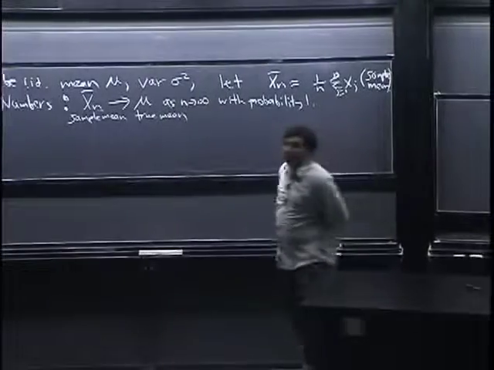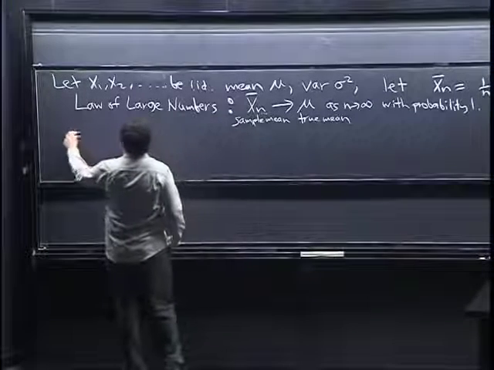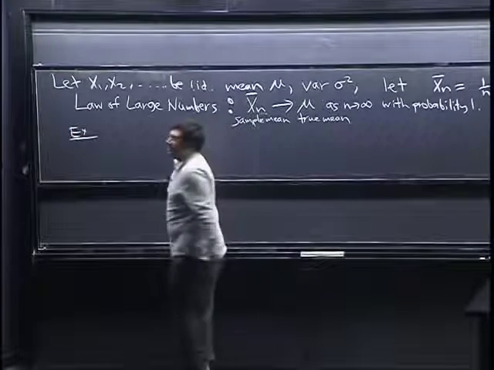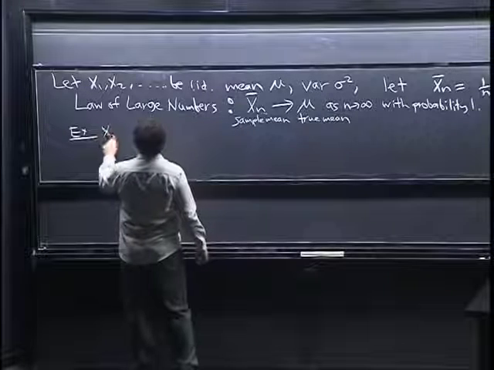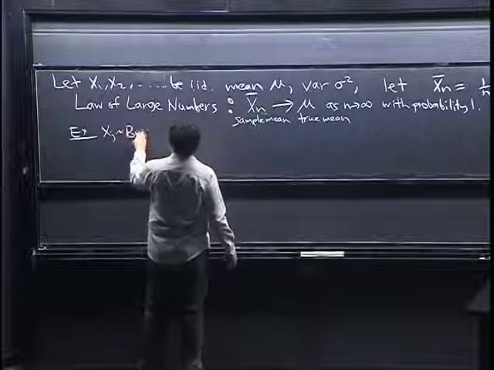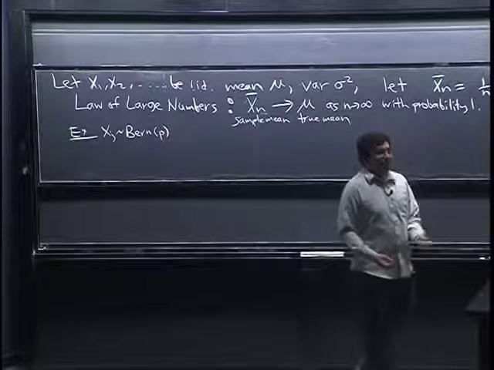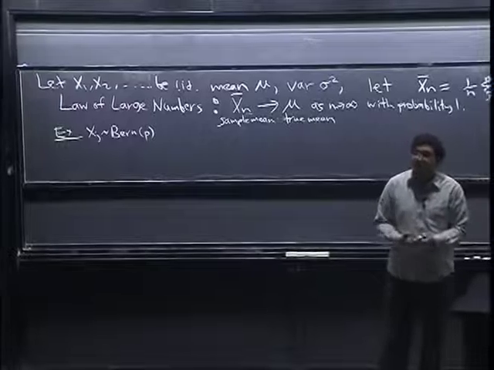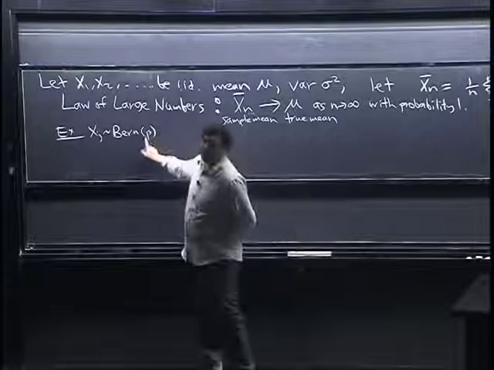Okay, so to give a simple example, let's think about what happens if we have Bernoulli p. So if xj is Bernoulli p, then intuitively we're just imagining an infinite sequence of coin tosses, where the probability of heads is p.